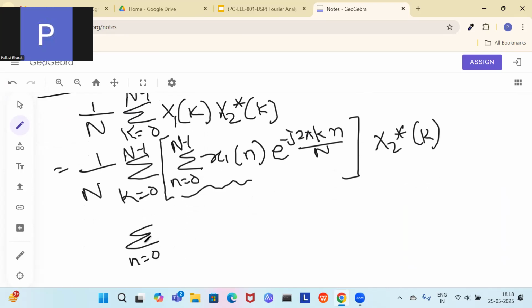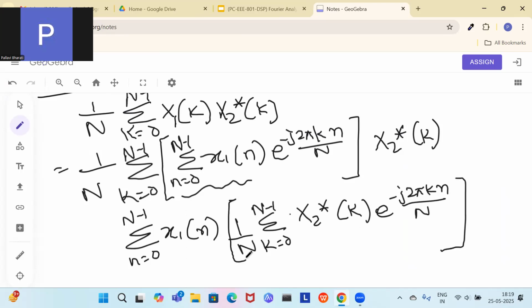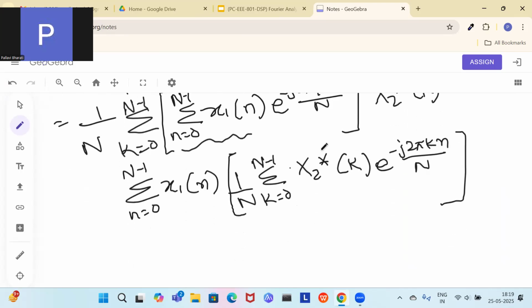Now, if you change the order of summation, take this outside: n equals 0 to N minus 1 x1n, and write this full thing inside, that is 1 by N summation k equals 0 to N minus 1 x2 star k e to the power minus j 2 pi k n by capital N. If you want to remove the star from x2 star k, you have to take it out as a conjugate outside, and in that case you will have to make this plus.